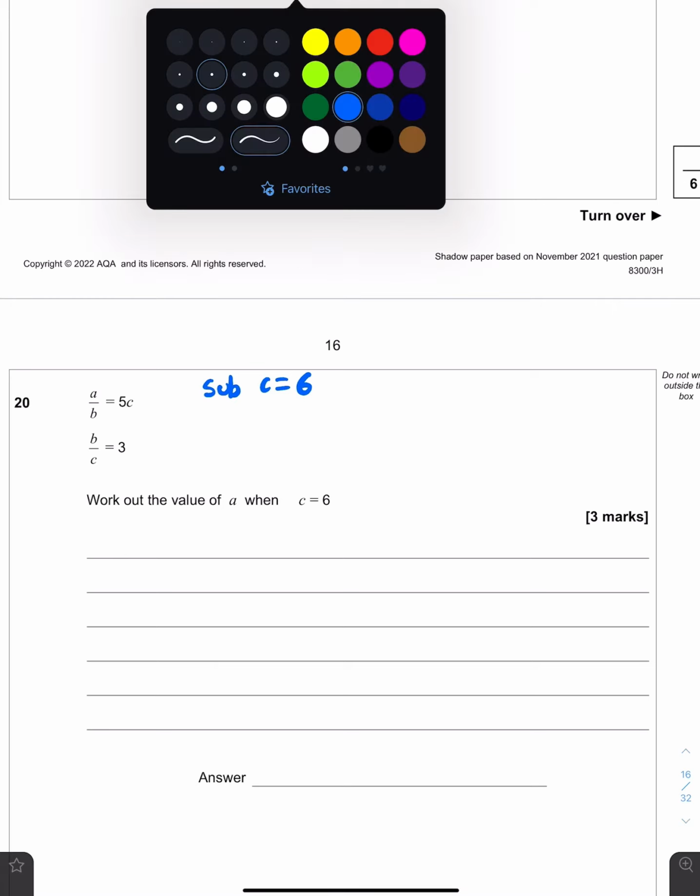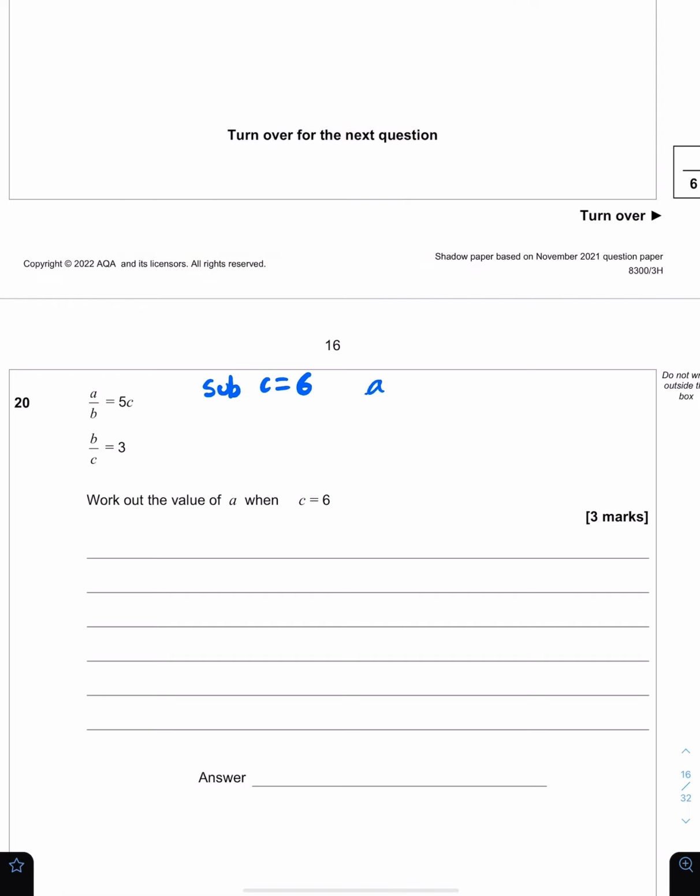Let's make this pen a little bit smaller. So we get a over b is equal to 5 lots of 6, just subbing into the first equation, right? So we get a over b is equal to 30.